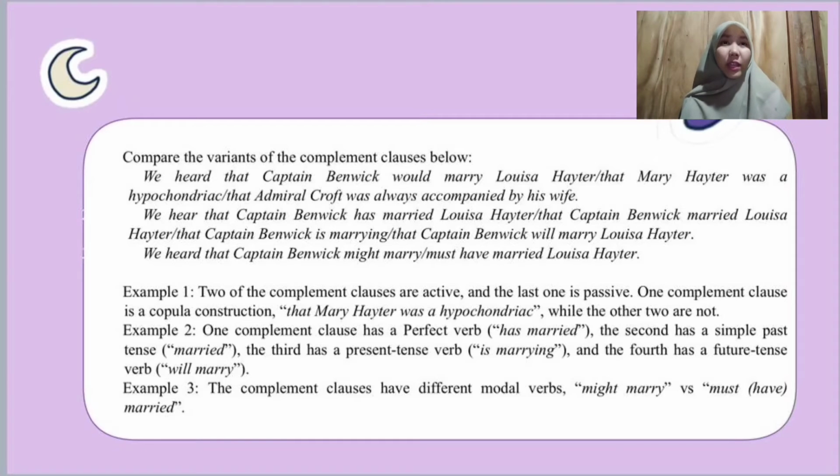Will marry in this sentence is future tense. And the third example, we hear that Captain Benwick must have married Louisa. The complement clauses have different modal verbs, which are might marry and must have married.